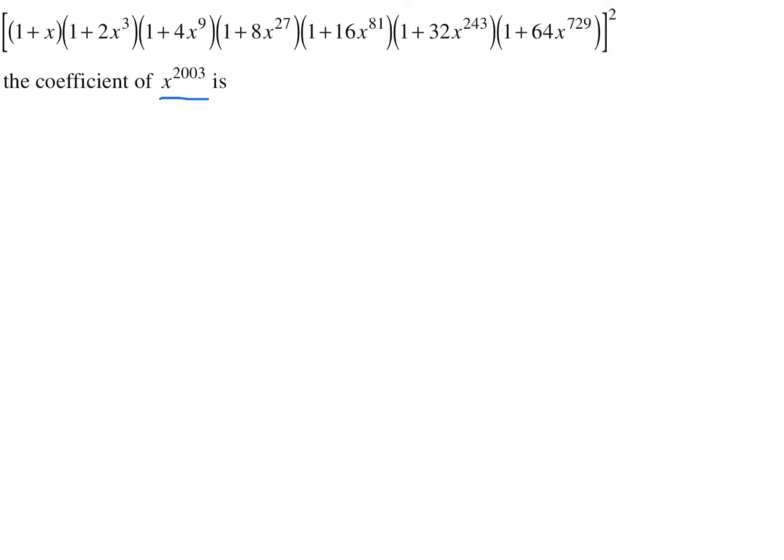Okay, now I hope you can see, if you look at this carefully, that each of these is sort of similar, right? There's a little bit of a pattern there.